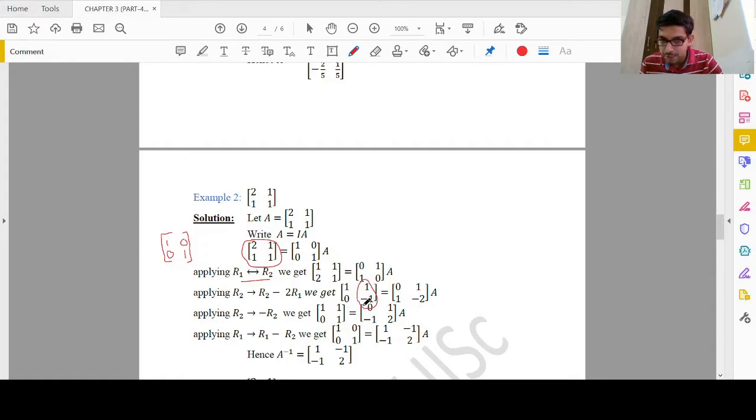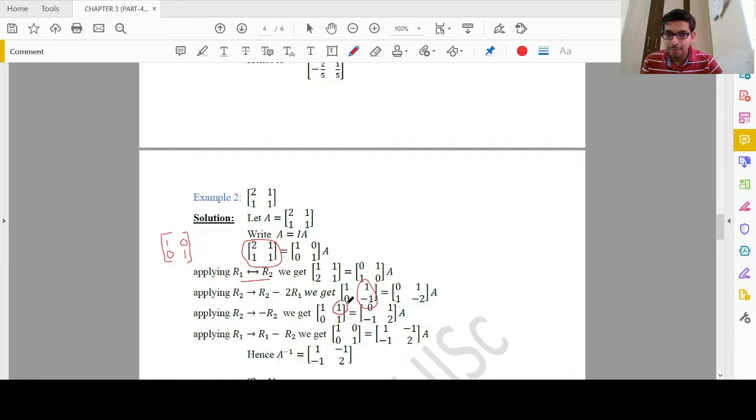So again let's start with the diagonal element, that is we will make it 1 first. So R2 changes to minus R2, that means multiply the second row with minus 1 because here minus 1 is there. So if suppose 2 is there, you have to multiply with 1 by 2. If 5 is there, like in the previous problem we multiplied with 1 by 5. So after applying R2 changes to minus R2, we'll get 1 0 0 1.